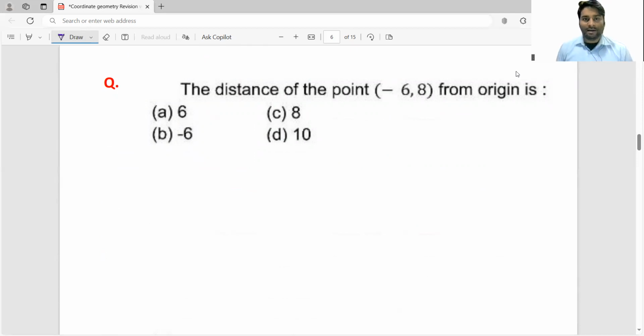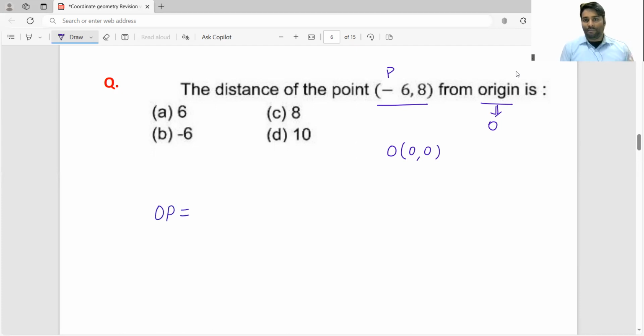I have just told you that if you have two points, but here only one point is given. One point is this one and one is the origin, and we all know the coordinates of the origin are (0, 0). Now we have to find the distance OP, which is very simple.